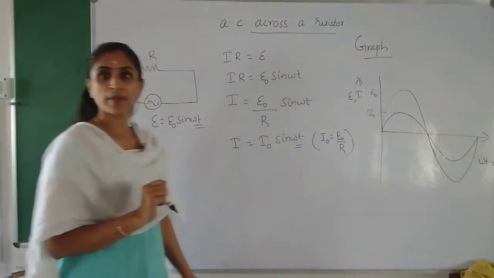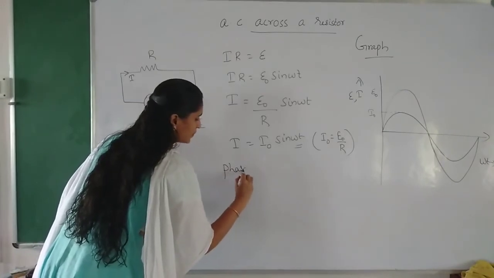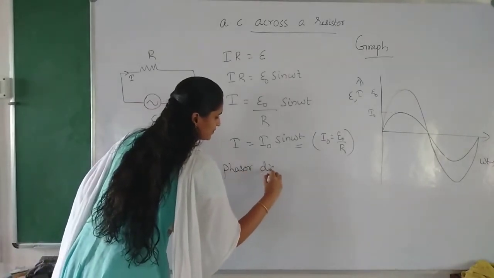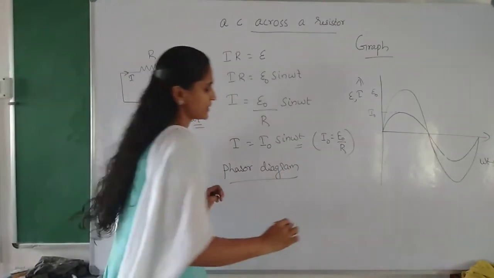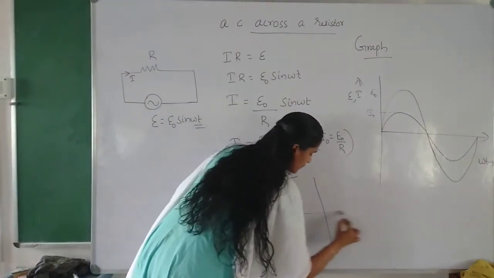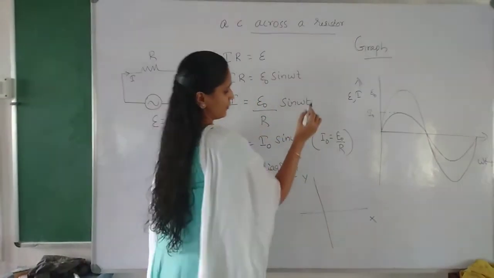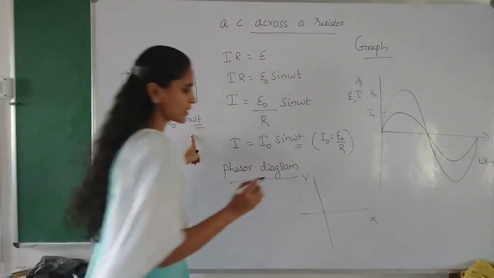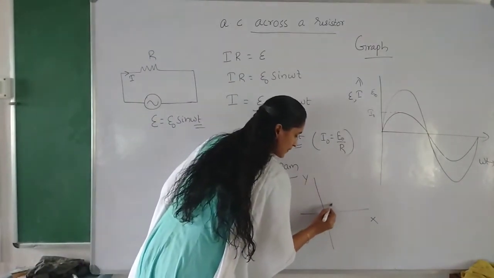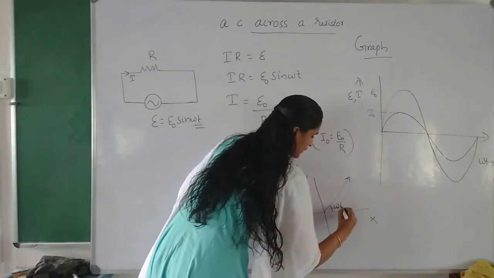And if we represent it by a phasor diagram, what happens? What is the expression for voltage? E is equal to E0 sin omega t, so this corresponds to E0.